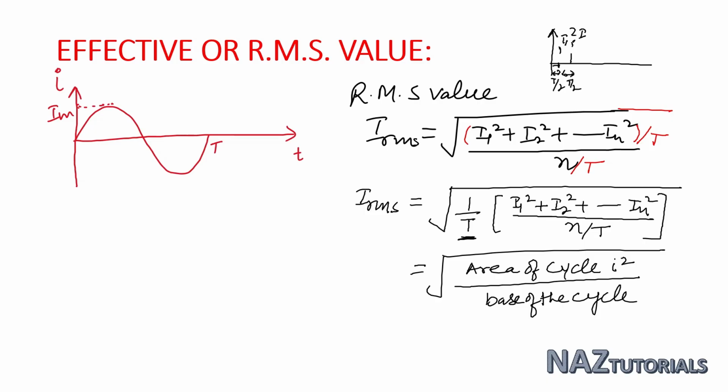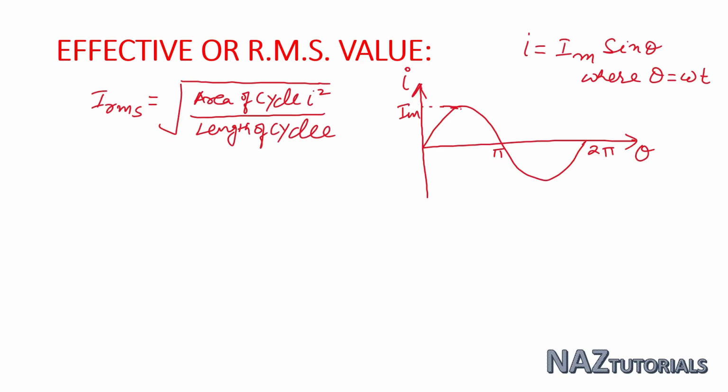So this is another form of the RMS value, calculated in terms of area. Now calculate the RMS value of a sinusoidal waveform. The RMS value is the square root of the area of the cycle of I square divided by the length of the cycle.